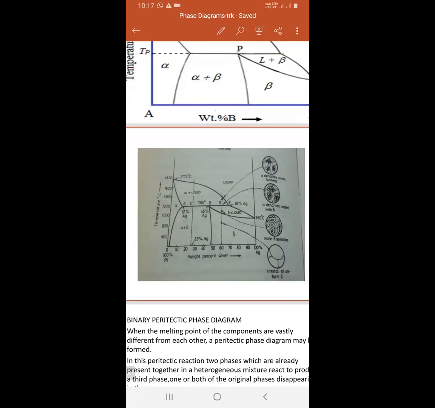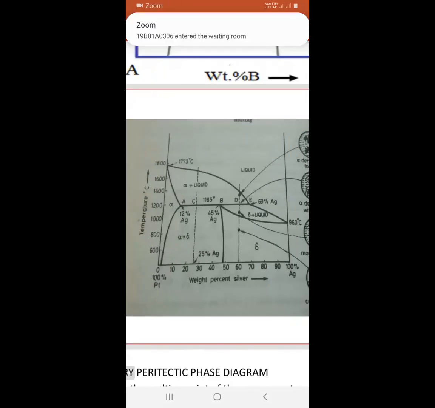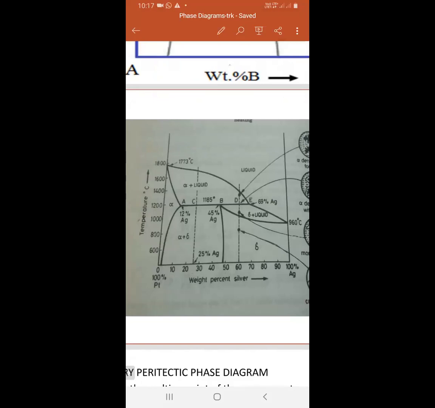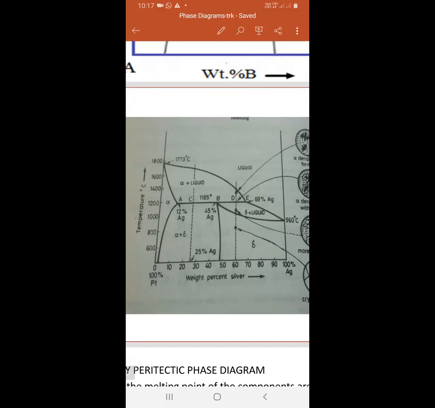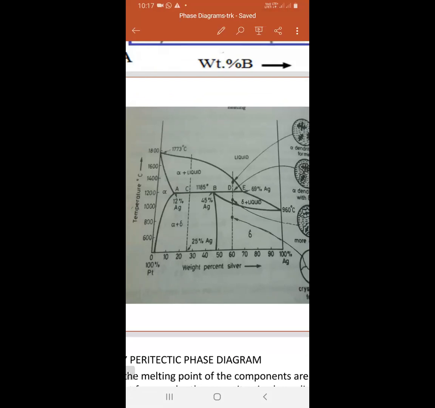Here, particularly AE is the peritectic temperature line. The peritectic temperature is 1185 degrees centigrade. Here it transforms.